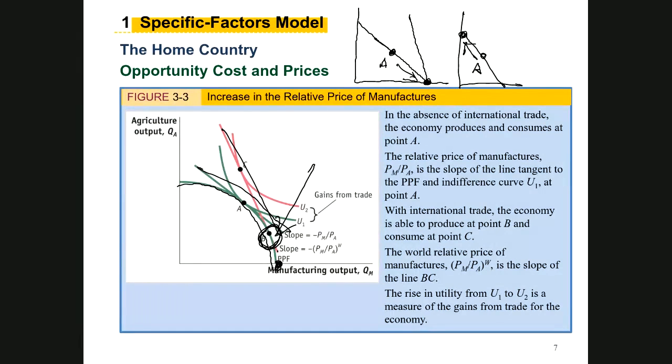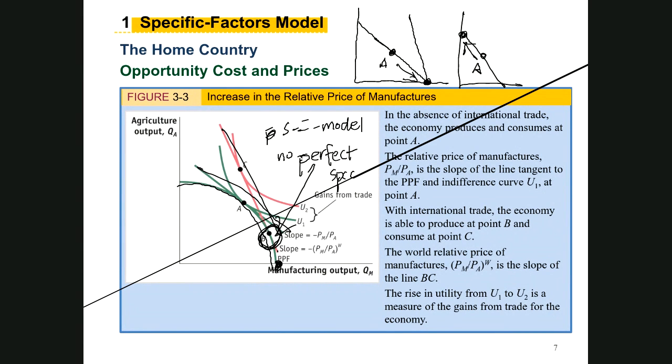So in the specific factor model, after free trade, there's no perfect specialization.